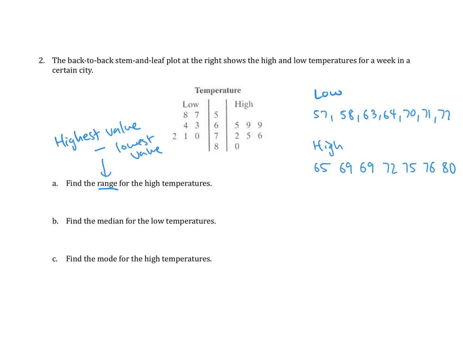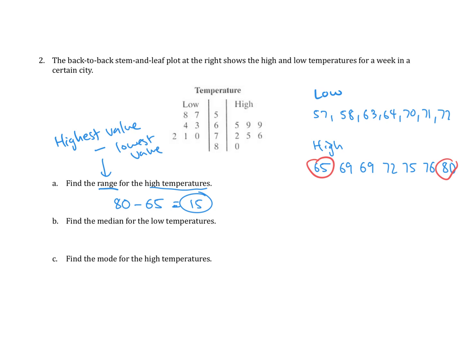And so if I'm looking at the high temperatures, my maximum value is 80, my minimum is 65. So 80 minus 65 gives us 15. So the range of the high temperatures is 15 degrees, meaning they have a 15-degree span going from 65 to 80.